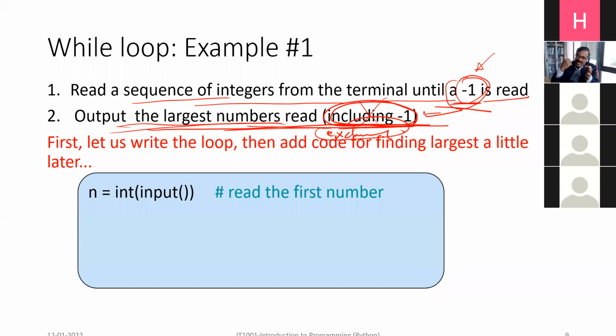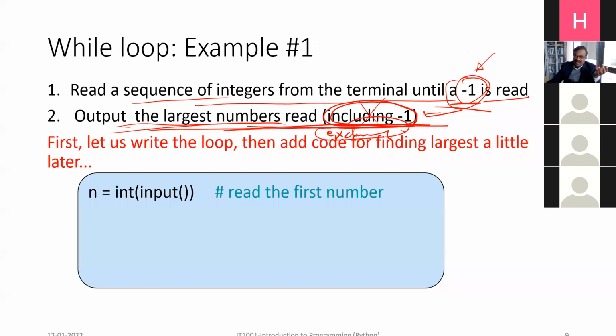Every time I get the next number, I can compare it with the current max and figure out whether I need to update it or continue with the previous current max. If the new number is more than the current max, I update it; otherwise I continue with the previous one. And I will continue this process till I get the -1.